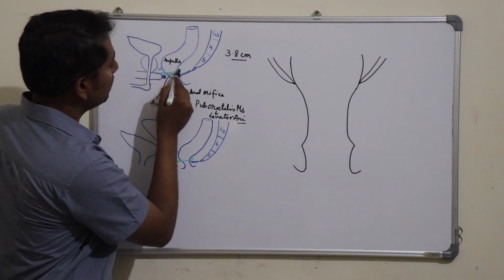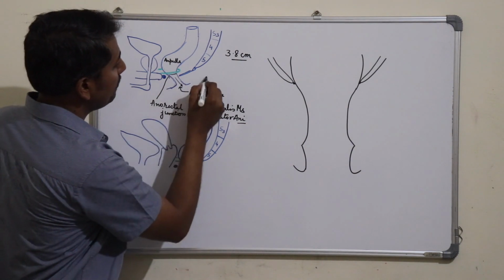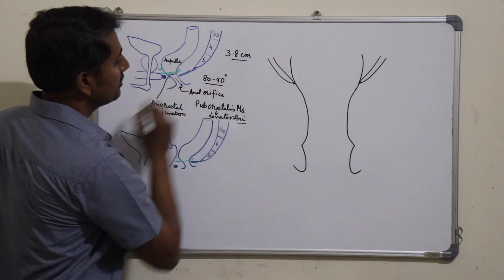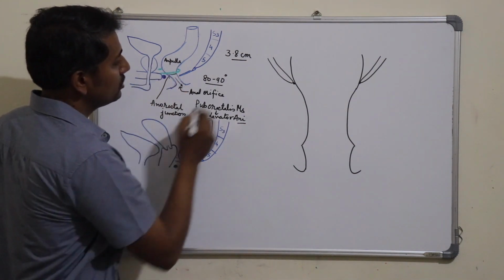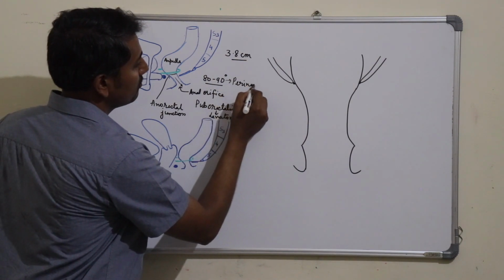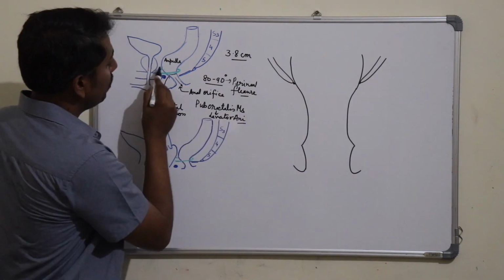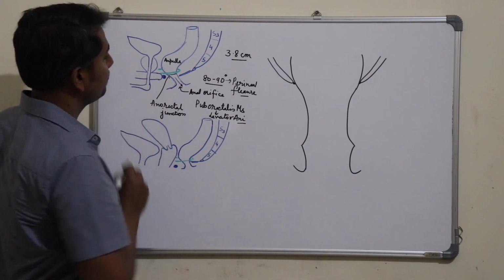This puborectalis muscle is causing a flexure of approximately 80 to 90 degrees. This flexure in the lower part of the rectum is known as the perineal flexure, which is caused by the pull of the puborectalis muscle anteriorly.